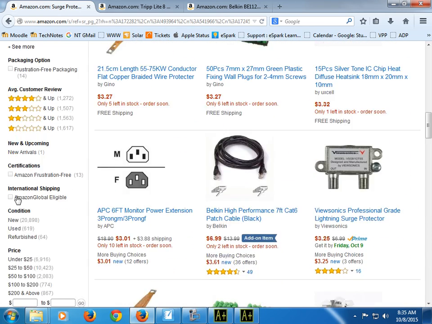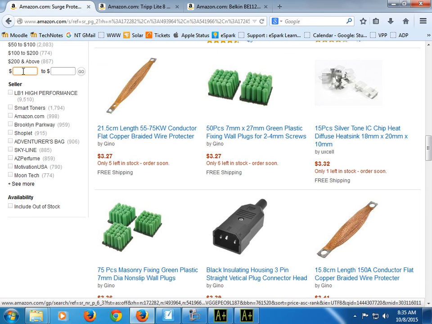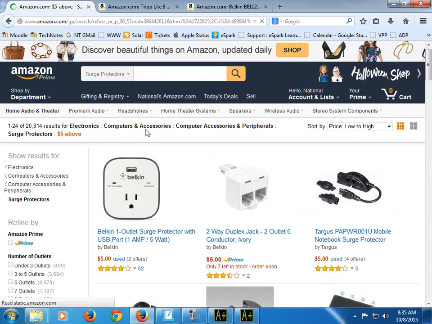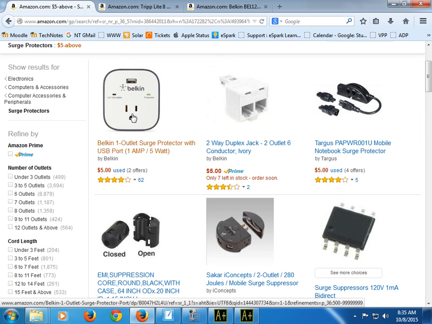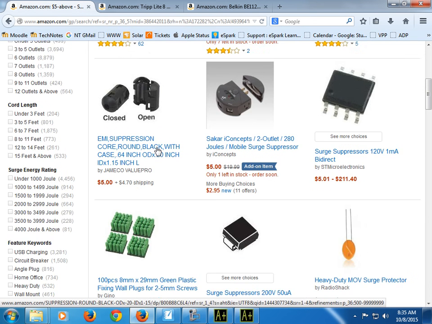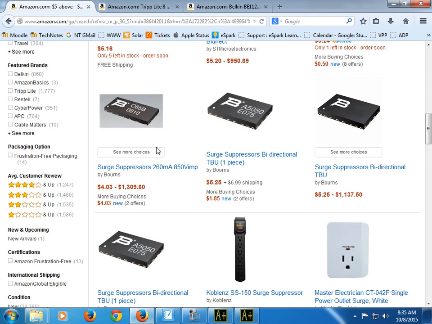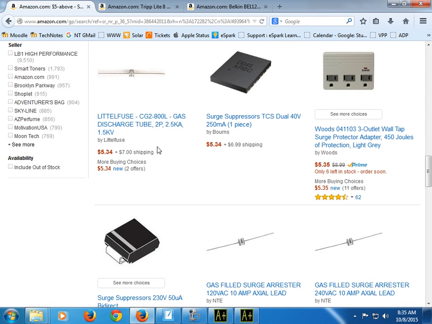Let's put price in here and say starting at $5 to filter out all that junk. So I can get a Belkin one plug surge protector. I'm not going to count that one either. Is this a real one? 3 outlet wall tap protector adapter.